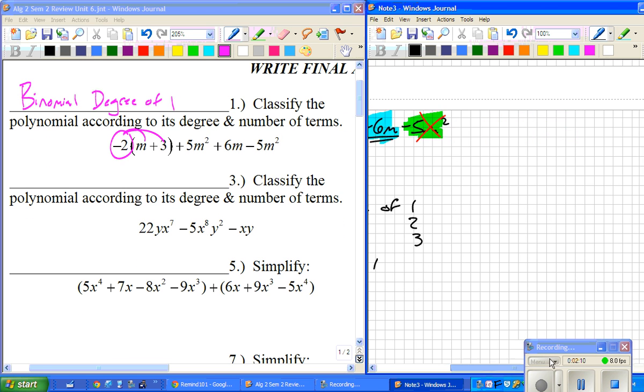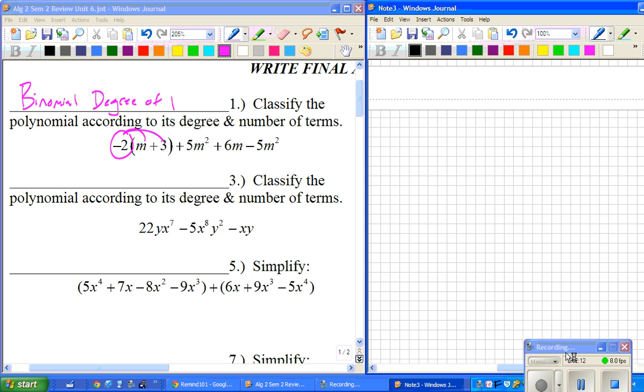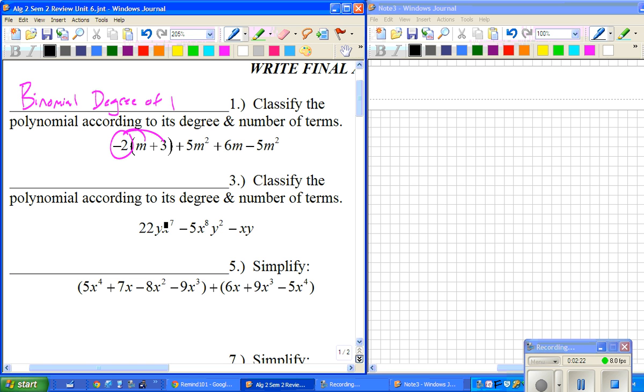Alright, let's look at 3. So classify the polynomial according to its degree and number of terms. So now when we're looking at the degrees on this one, we're going to look at each section and count how many exponents it has.